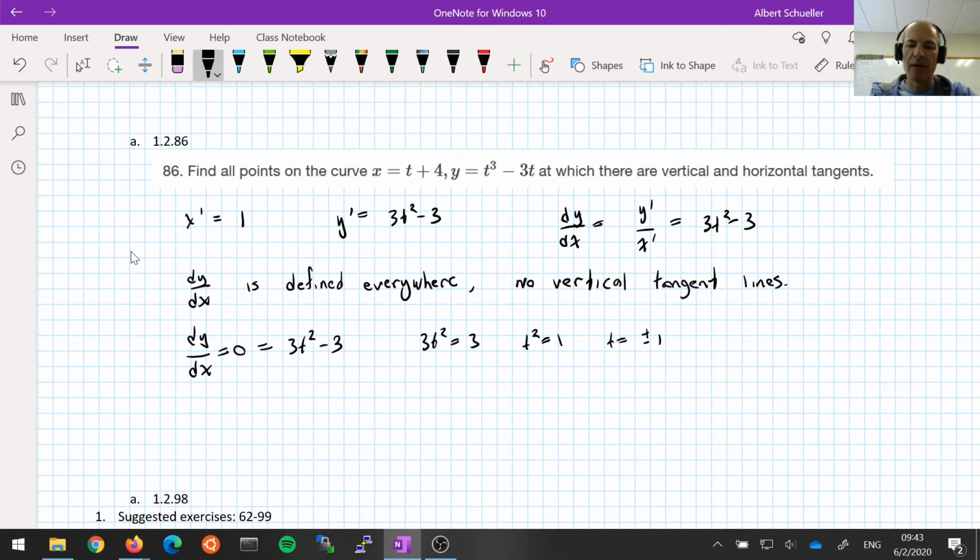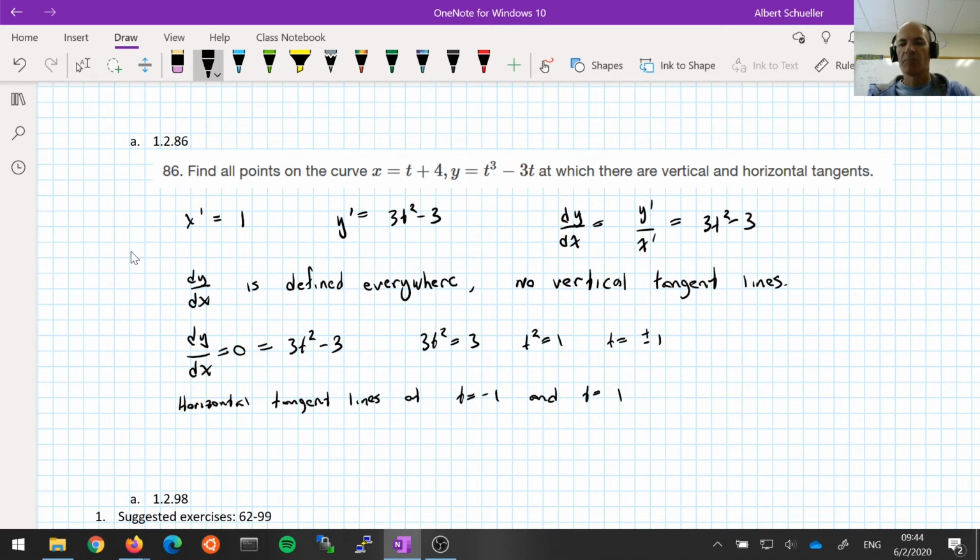At these parameter values, the slope of the curve is horizontal. So we have horizontal tangent lines at t equals negative 1 and t equals 1.